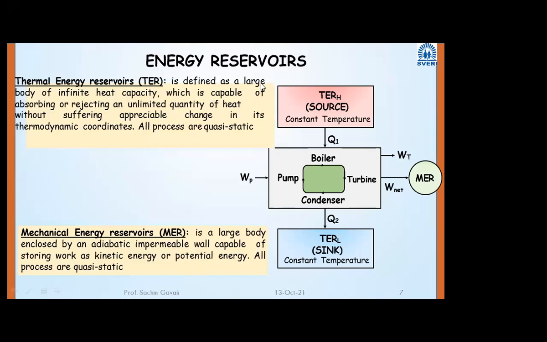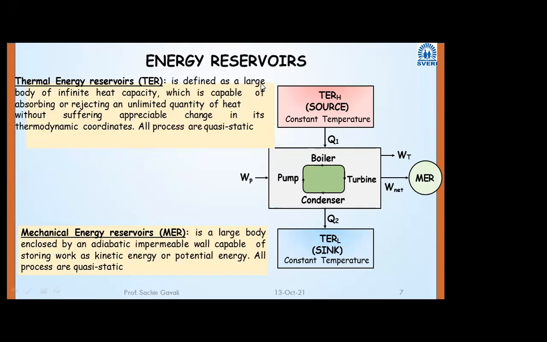A thermal reservoir is defined as a large body or a system to which an abundant amount of heat is supplied, or from which an abundant amount of heat is rejected, and still its temperature remains constant. That will be called thermal energy reservoirs, or simply thermal reservoirs.